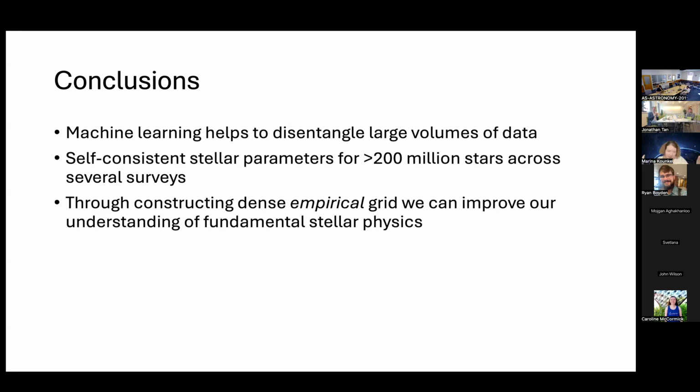For example, after you evaluate the model on one set of data, you take all of these same sources that have been observed by a different survey, and you can create a new model using these outputs as a training sample. Because you would know what the parameters for these sources should be, you can try to adjust the grid of the parameter space for the other survey in order to make it self-consistent.